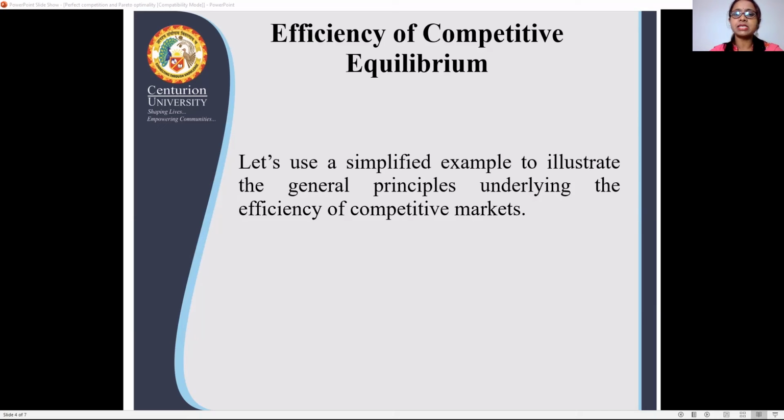Perfect competition means it's the world of price takers. In a perfectly competitive market, a firm sells a homogeneous product which is identical to the product sold by all the firms in the industry. And each is so small relative to its market that it cannot affect the market price.